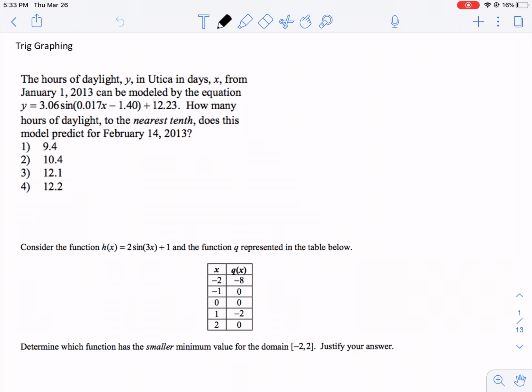Well, there's 31 days in January, and then 14 more, so that means we would be plugging in the number of days since January 1st. Alright, so let's call that a 44. So we're going to plug in a 44.